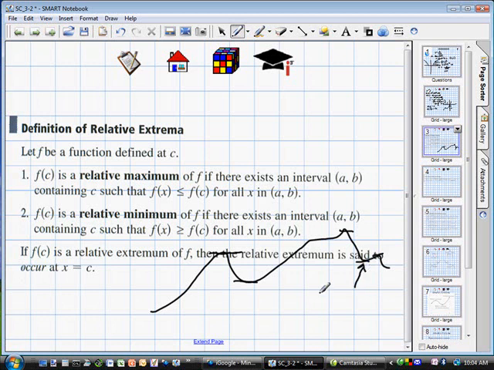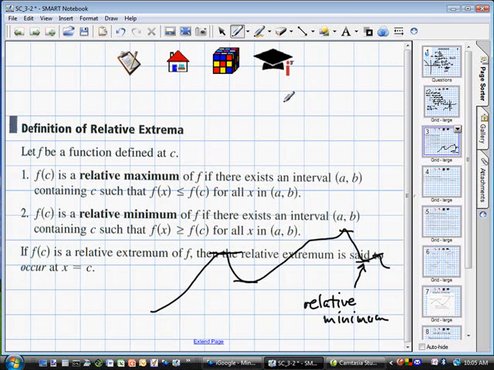Let me write that down. What I mean is, the reason I used relative is that's certainly not the low point of the graph. I mean, it's lower over here, but we call it a relative minimum, meaning for that little portion of the graph, it's a low.